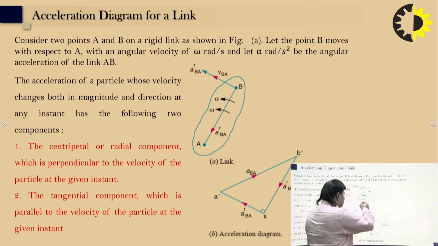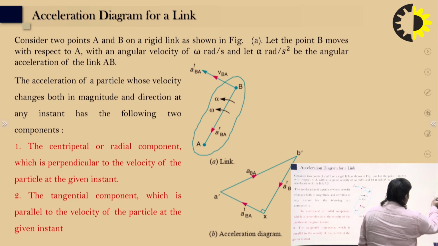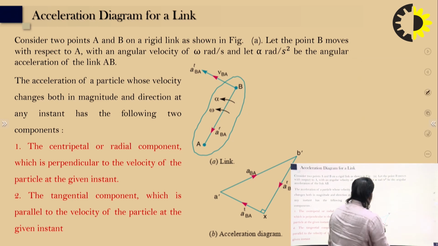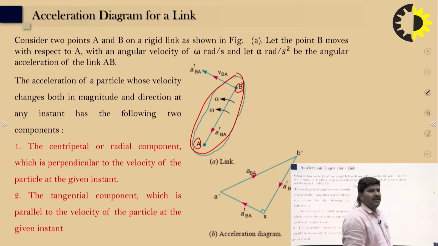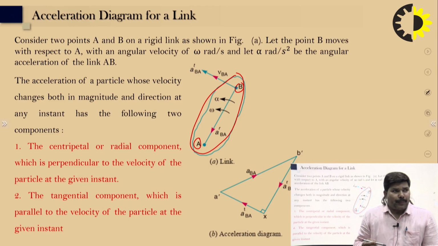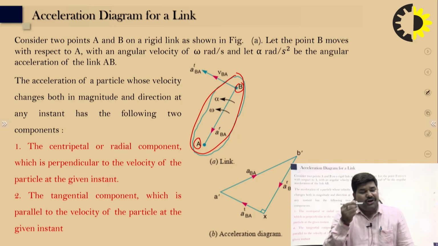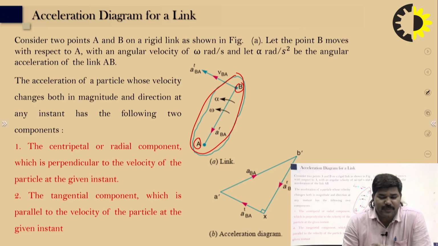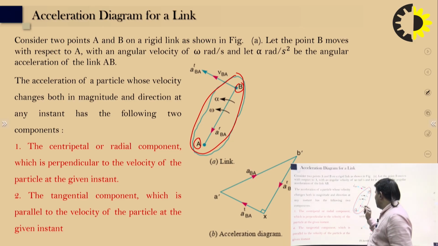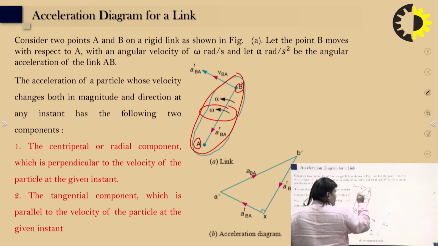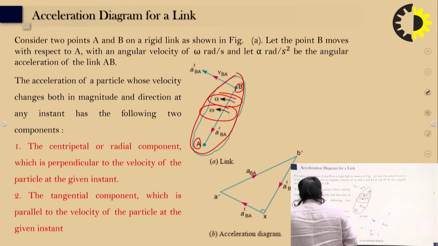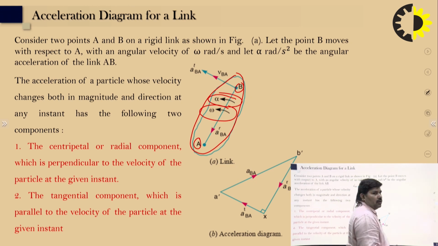You can see here this is one link, one body, with points A and B. Let point B move with respect to A with angular velocity omega radian per second, and let the angular acceleration alpha also be in the anti-clockwise direction.